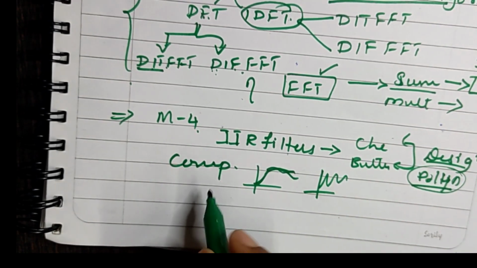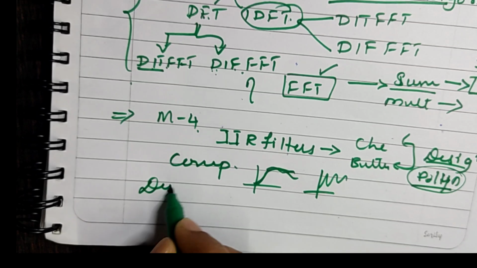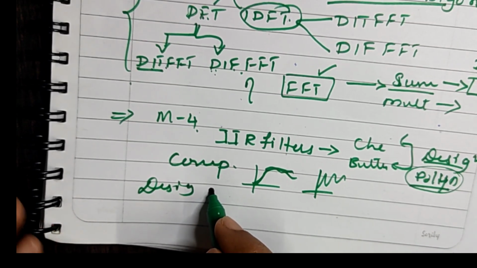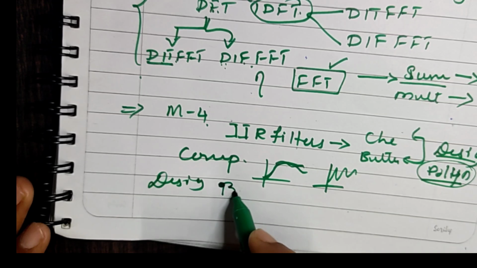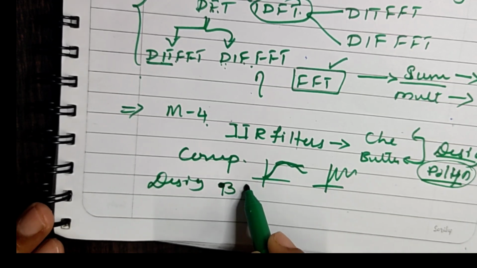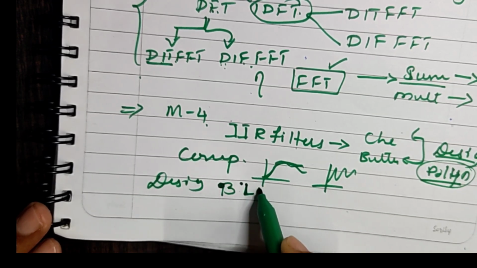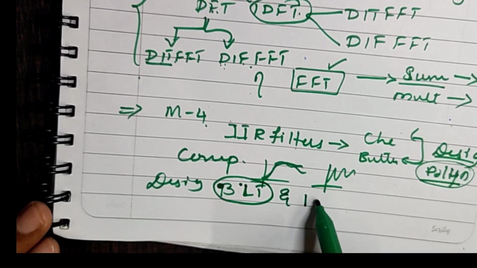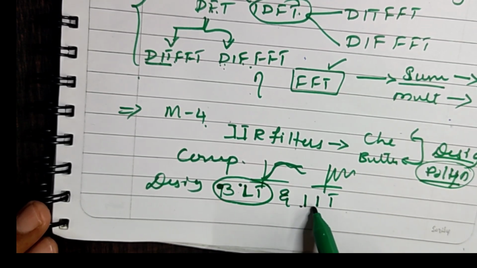After this there is the design of Butterworth and Chebyshev filters using bilinear transformation, that is BLT, and the impulse invariance technique, that is IIT.